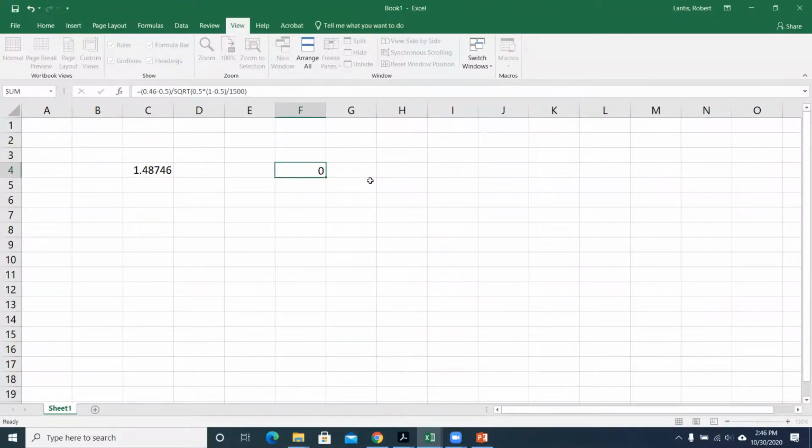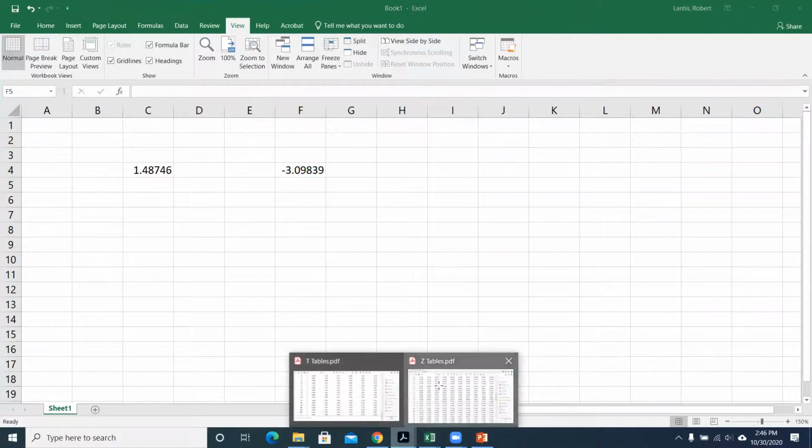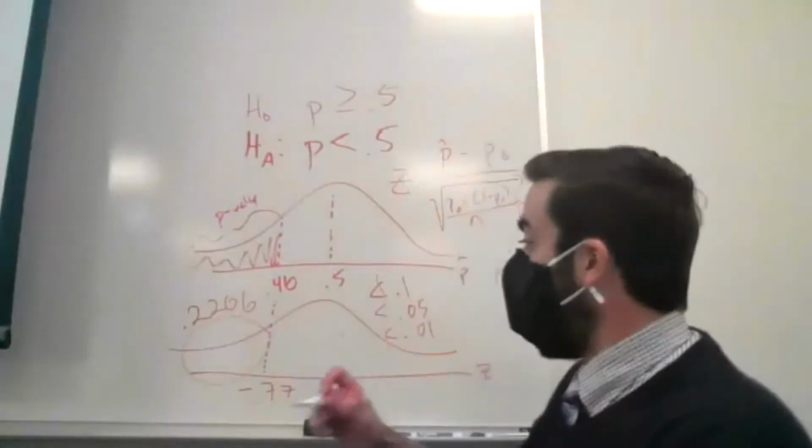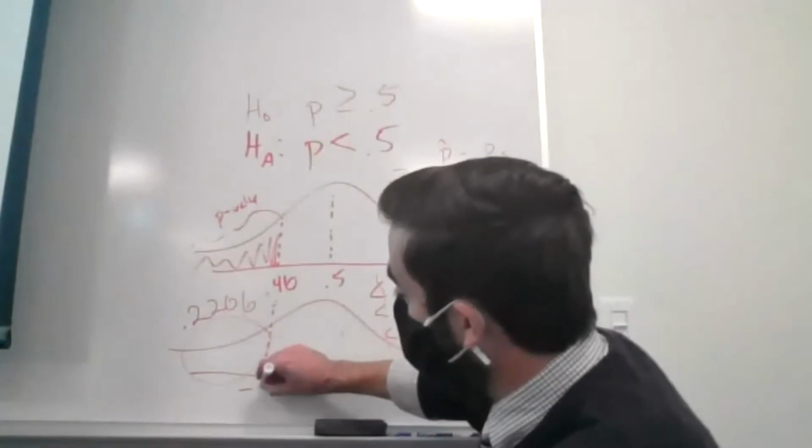So 0.46. So -3, right? So if I look up this test statistic of -3, the area to the left of that is 0.0013, right? So for Trump, this became like -3.